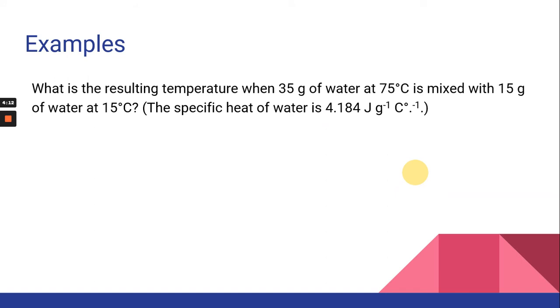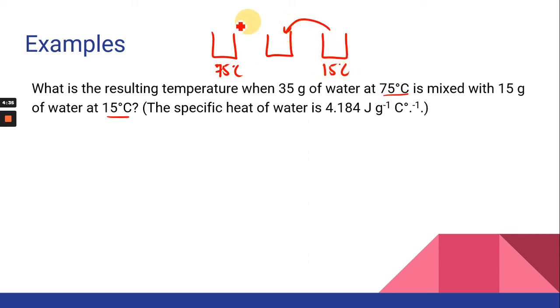Our last example here is a little bit different. Here we have a situation where we're combining 2 substances. We have a sample of water that's at 75, and then we have a sample of water at 15.